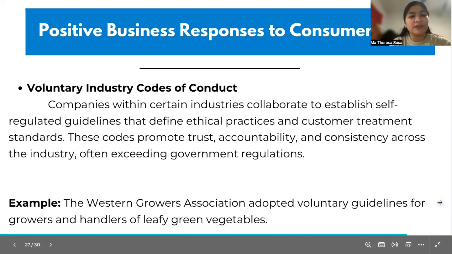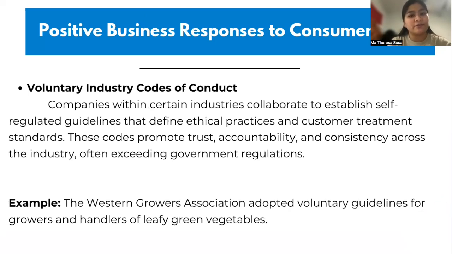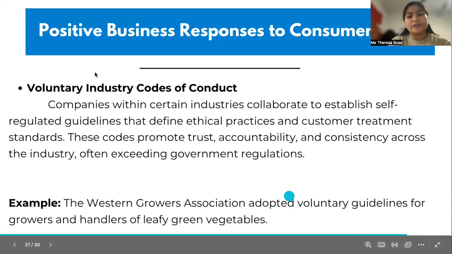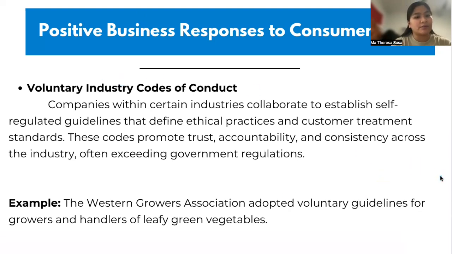The third one is voluntary industry codes of conduct. Businesses in some industries have banded together to agree on voluntary codes of conduct, spelling out how they will treat their customers. These codes promote trust, accountability, and consistency across the industry, often exceeding government regulations.